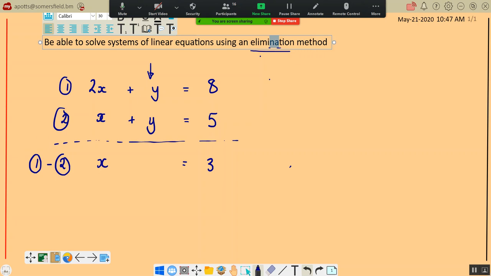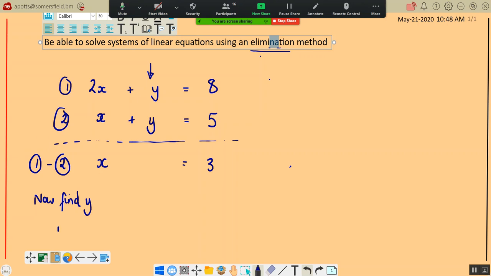This is a very simple case, but it's obvious, right? Does that make sense? What would I do then to find y? Exactly. You do exactly the same thing that we did in the substitution method. The second half, to find the other variable, is exactly the same for both methods.